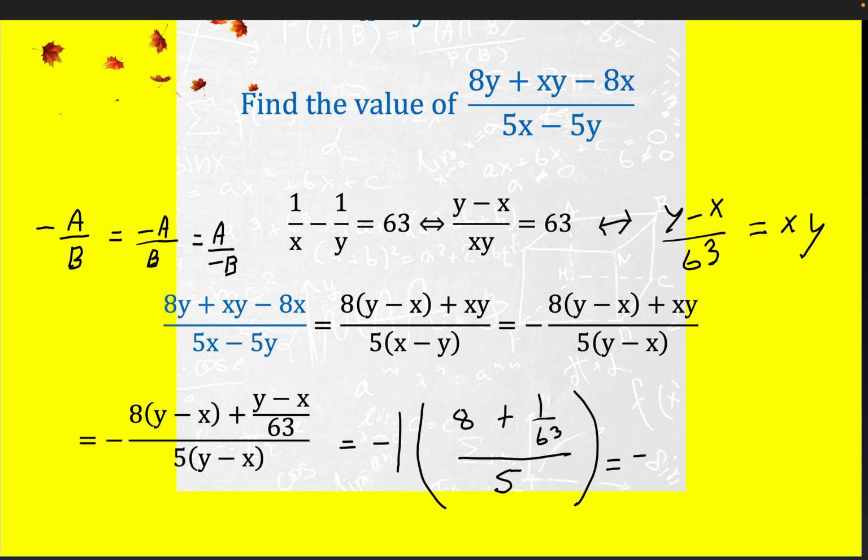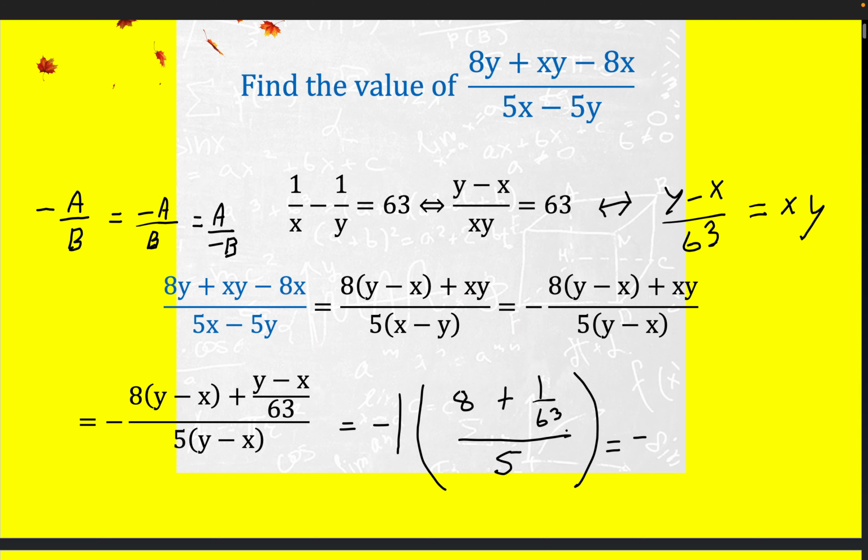This is minus, the common denominator by default in the numerator is 63. So 8 times 63 is 504. So what you have here is minus 505 over 63, all over a bigger fraction, so to speak, of 5.